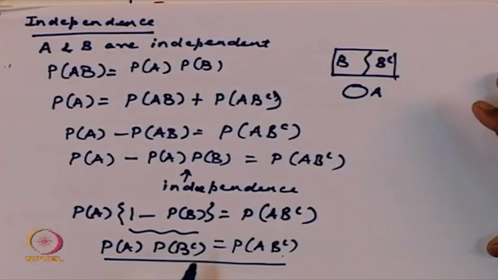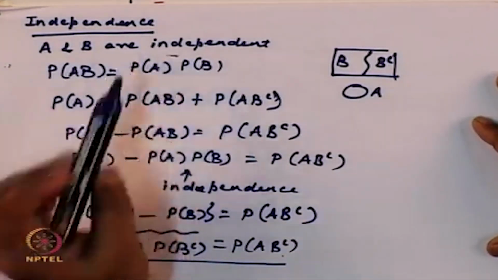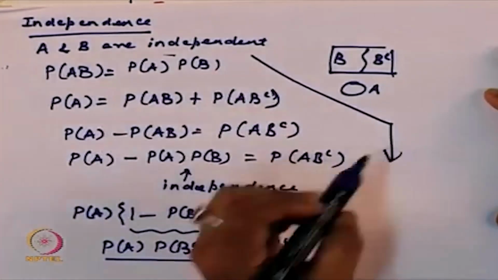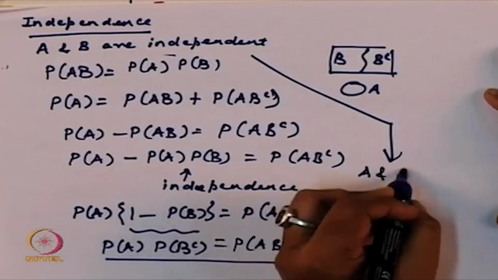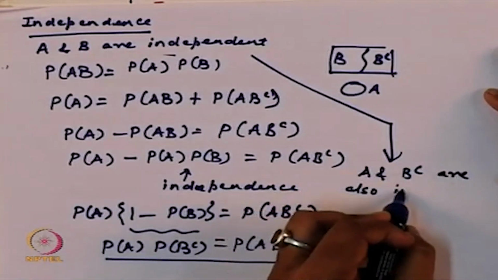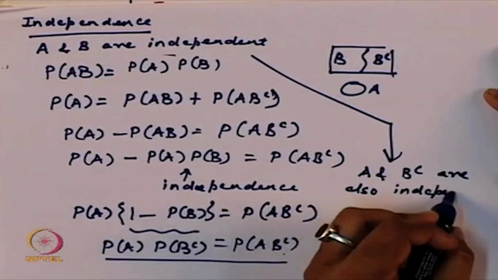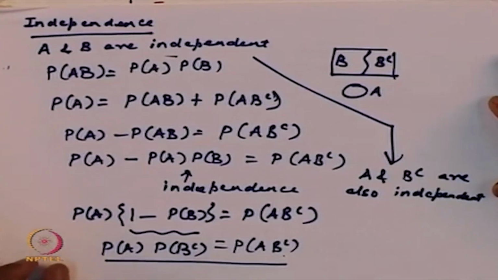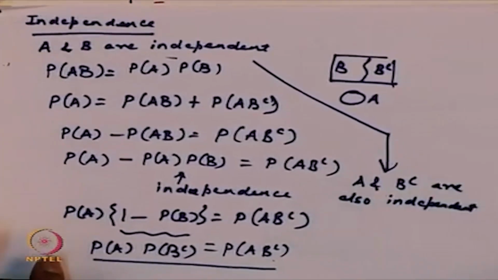Which means that if A and B are independent, A and B complement are also independent. So, this completes our initial description of probability and conditional probability. I would next start with the concept of random variable.